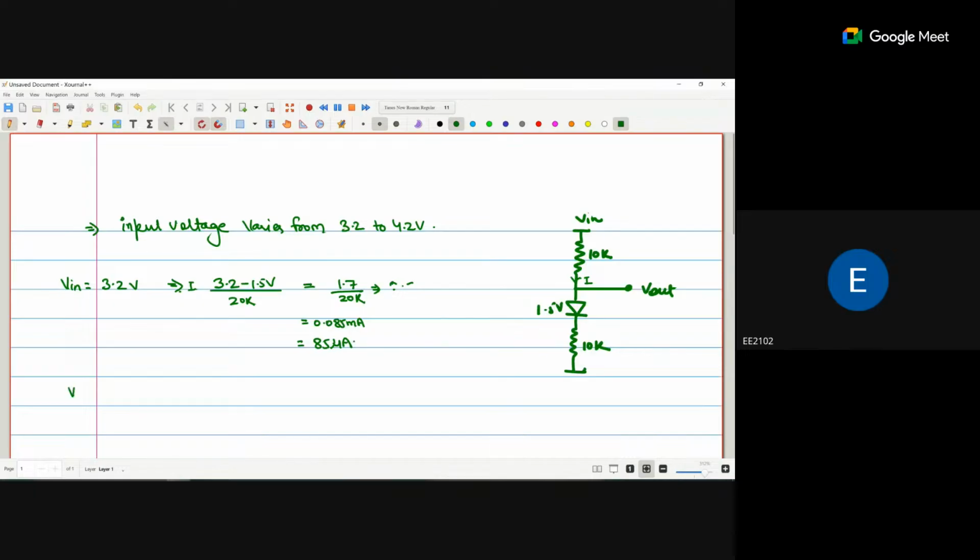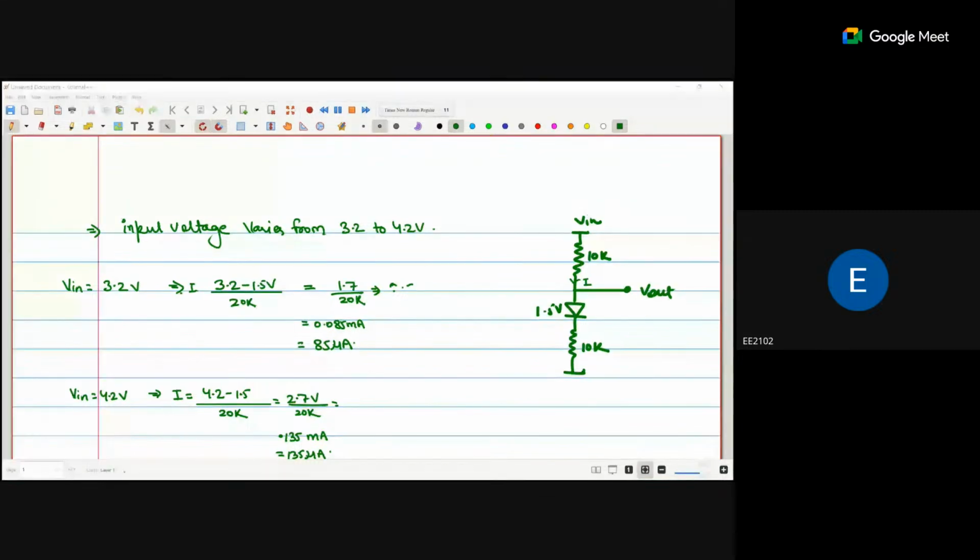And second, when V in is equal to 4.2 volts, I is equal to 4.2 minus 1.5 divided by 20K, that is 2.7 volt divided by 20K, 0.135 milliamp, or 135 microampere.